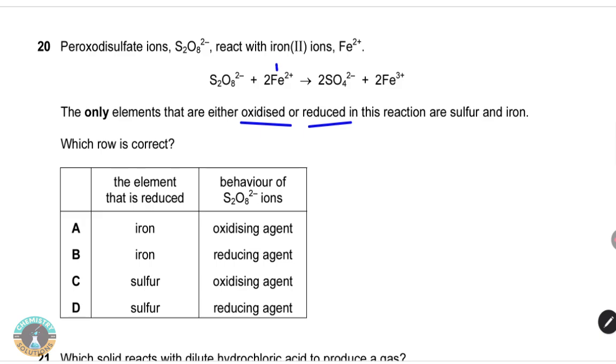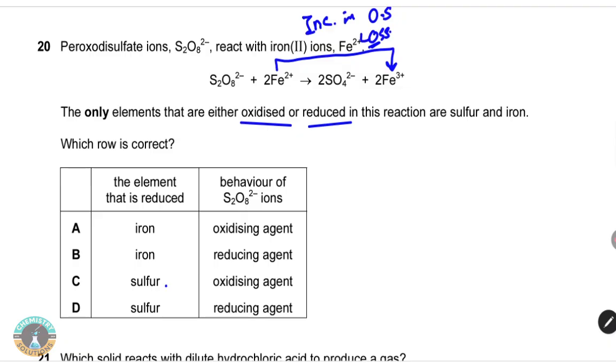You can see that the Fe2+ ion shows an increase in oxidation state and loss of electrons. So iron is basically the substance which is oxidized, Fe2+ to Fe3+. The element that is reduced: if iron is oxidized, then sulfur is reduced.